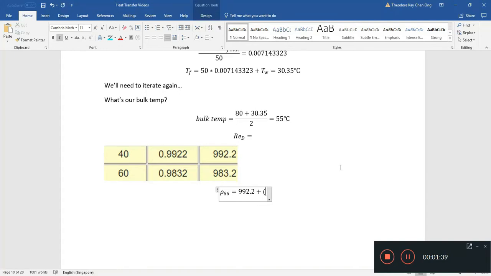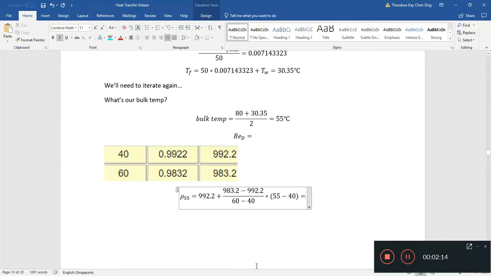What's the gradient? It is 983.2 minus 992.2, divided by final minus initial, and then you multiply by the temperature difference, 55 minus 40. This is what linear interpolation is like: I start from here, I take the gradient, and then I linearly interpolate the temperature difference.